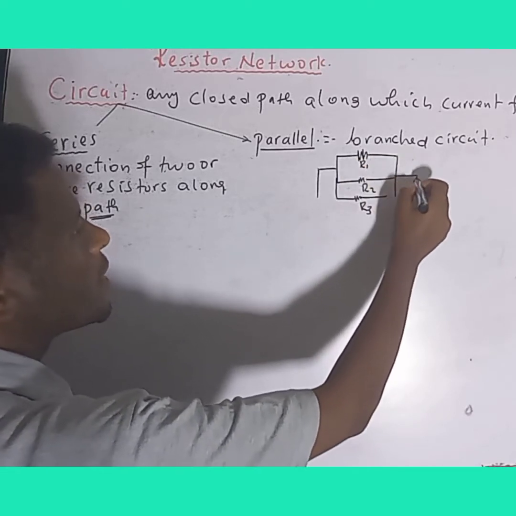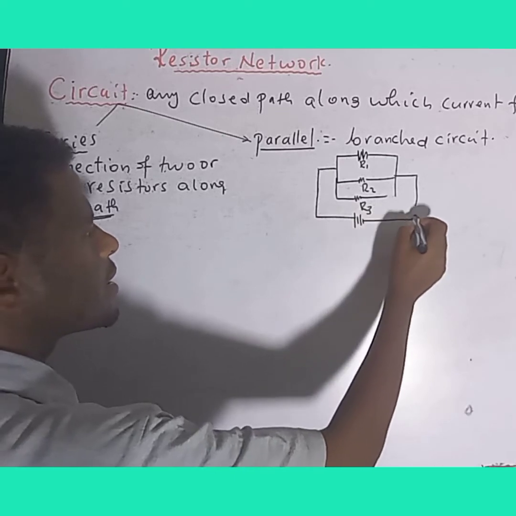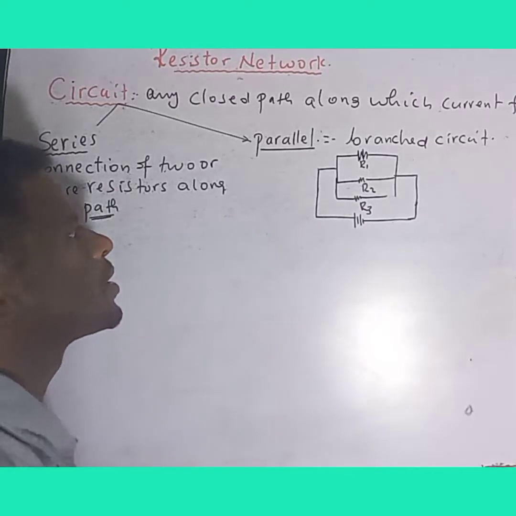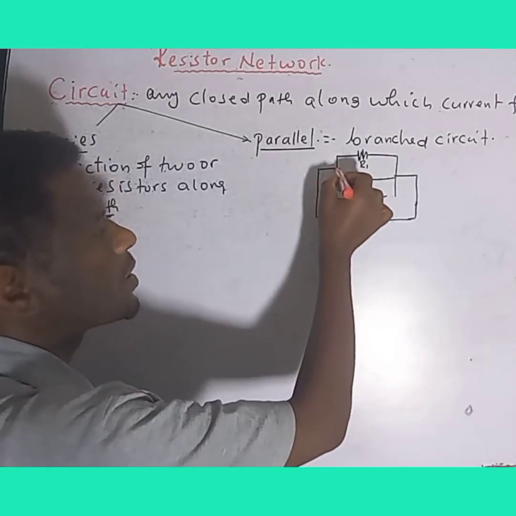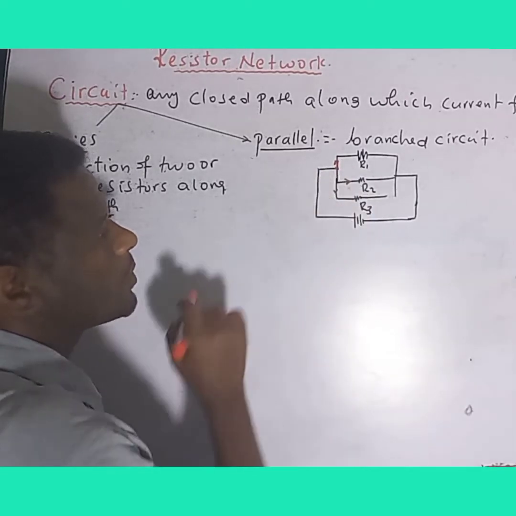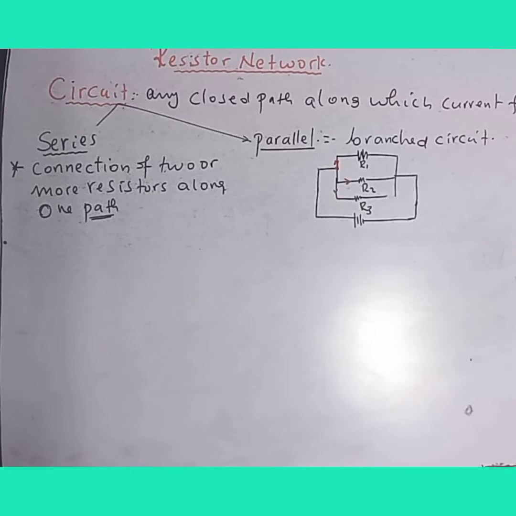This is a parallel connection of resistors. Current from the source branches when it reaches this point. It can pass through R1, R2, or R3. Then it has more than two paths.